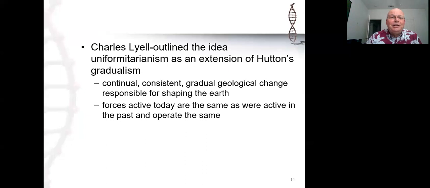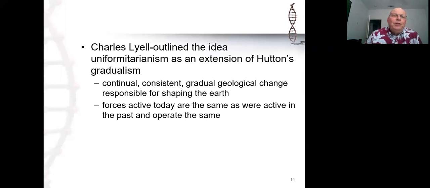So Hutton says that large changes can take place so long as the processes that cause them occur over long periods of time, forming gradual changes that accumulate to large changes. Lyell simply says those forces that are in operation causing those changes today were the forces that were in operation in the past and were doing so at pretty much the same rate.